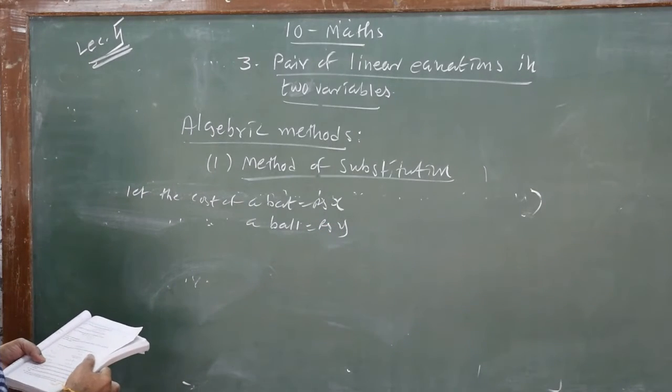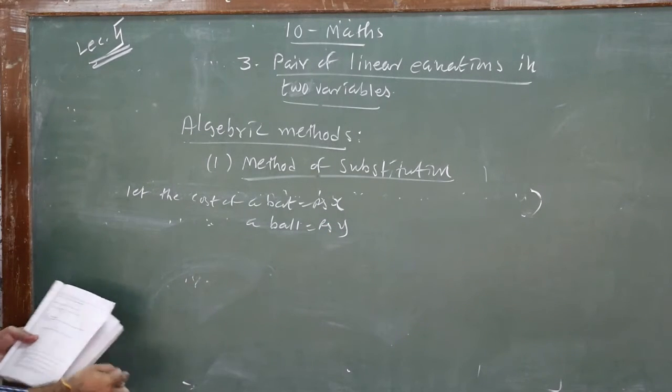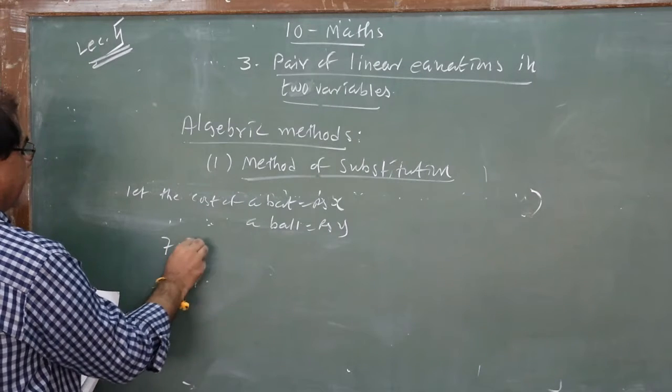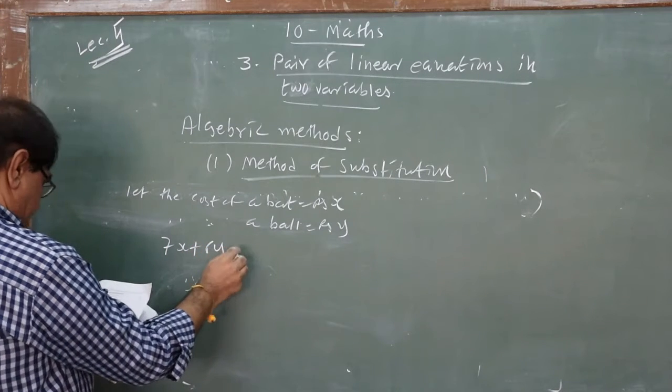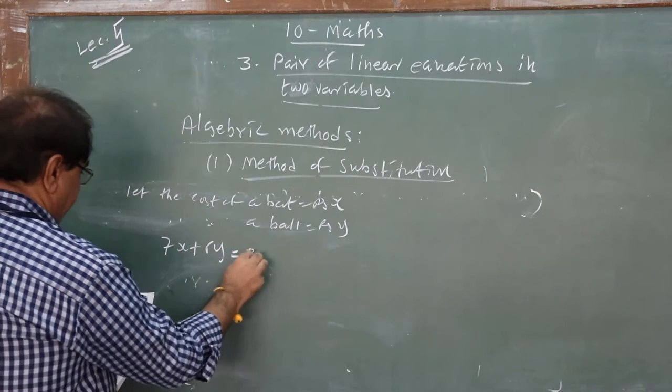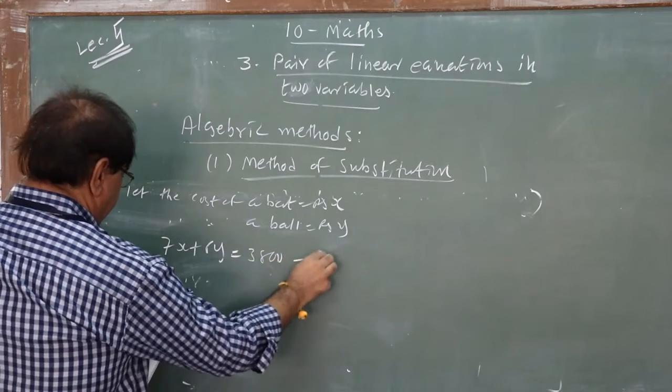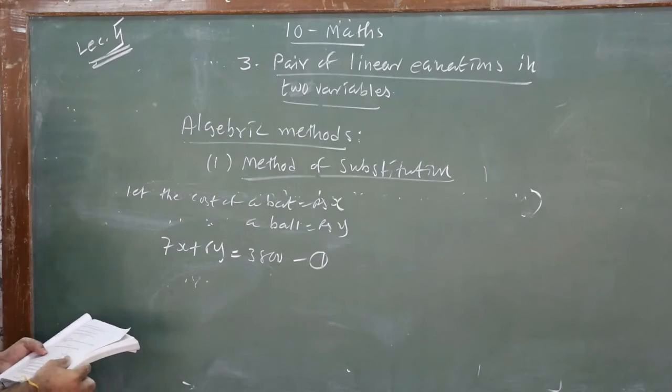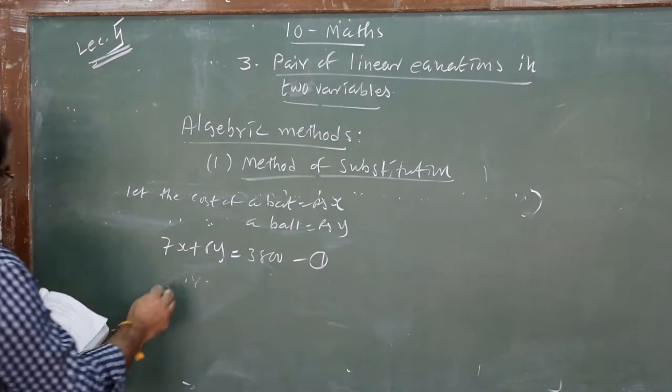So what does the cricket coach do? 7 bats, 6 balls. So 7x plus 6y is equal to 3,800. Equation number 1.